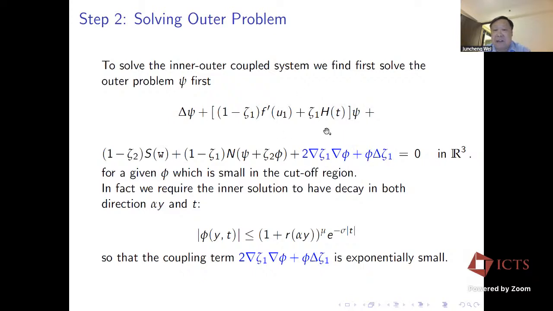But with these cutoff functions in the outer Green's function. If we get an inner solution which has exponential decay in t and algebraic decay in r, then this coupling term is exponentially small.